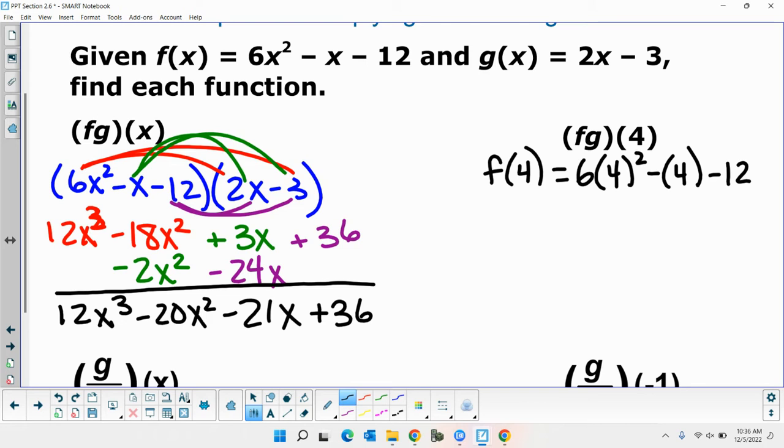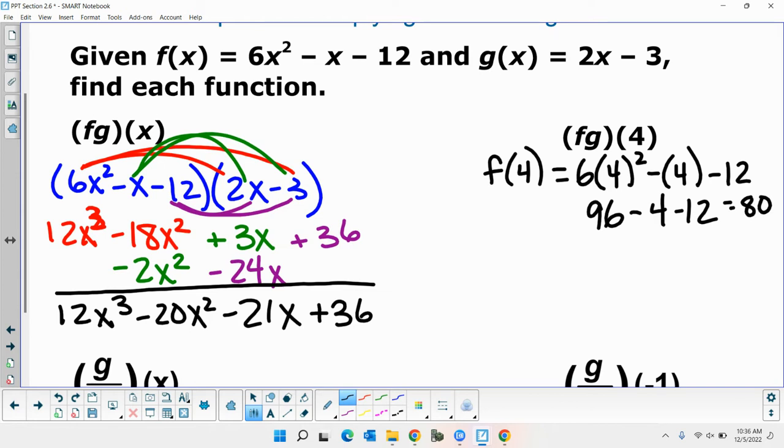What is that? 96. Let me put it in my calculator. I'm way off today. So 96 minus 4 is 92 minus 12. That would be 80, right?